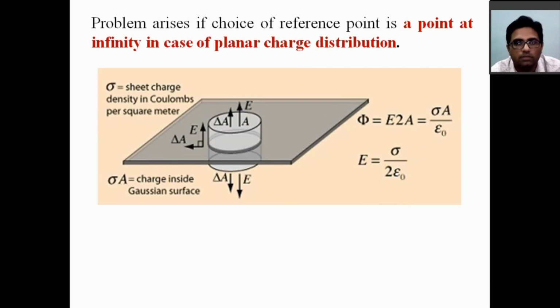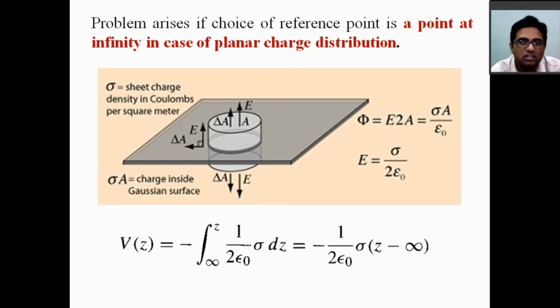Now to find the potential at z distance from the charged surface along the z axis, suppose we choose the reference point at infinity. Then the potential at z will be calculated like this: the electric field sigma by 2 epsilon naught dz, integrated from minus infinity to z.